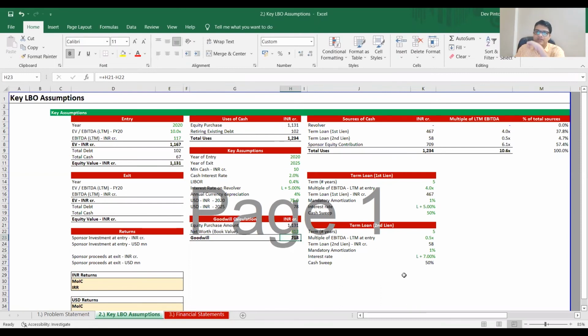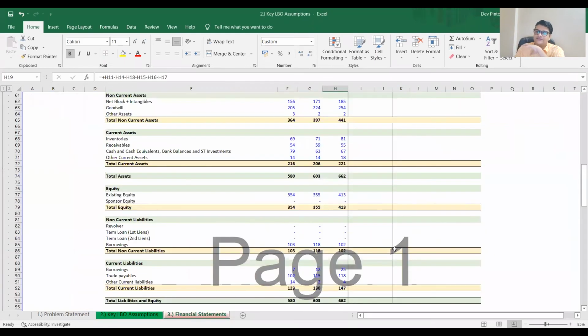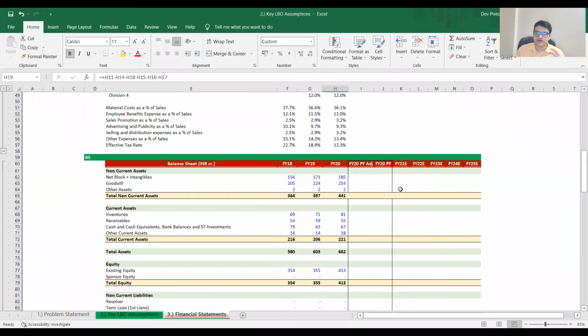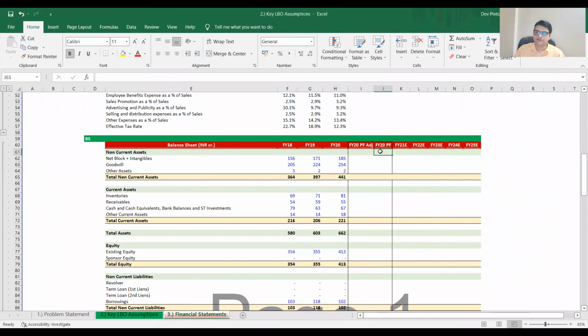So in this video, we covered some of the key LBO assumptions. In the next video, we are going to build the pro forma balance sheet when we acquire this company. So this is the balance sheet of the company just before acquisition. But the way we're going to assume this acquisition happens is we raise the debt and we raise the equity.